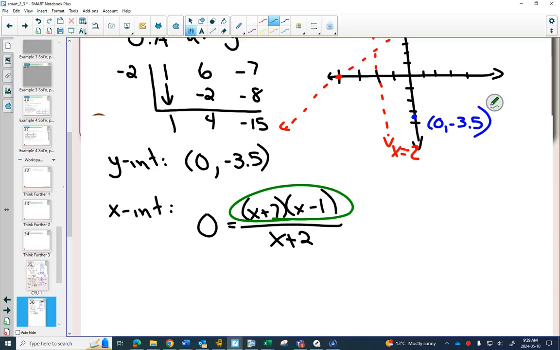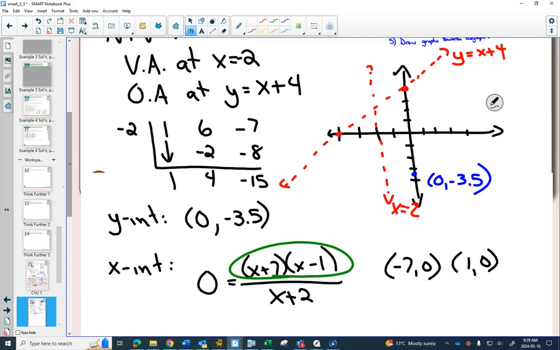And the top is equal to 0 at negative 7 and at 1. So I go on my graph, I can label it 1, 0. And negative 7.